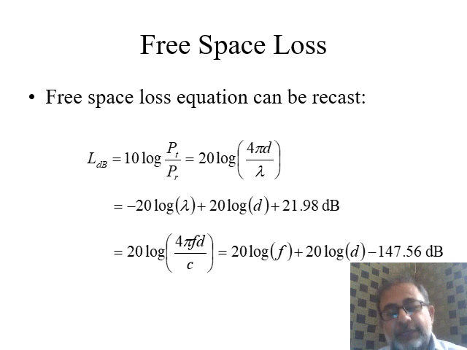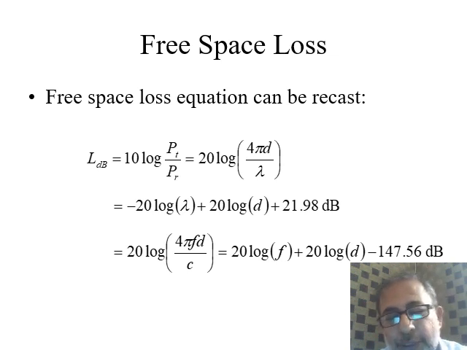If we want to put this formula in the form of dBs, it would be 10 log of PT over PR, which is 10 log of (4 pi d over lambda) whole square. As you know how to deal with the logs of exponents, the exponent 2 comes down and multiplies by 10 and it becomes 20.